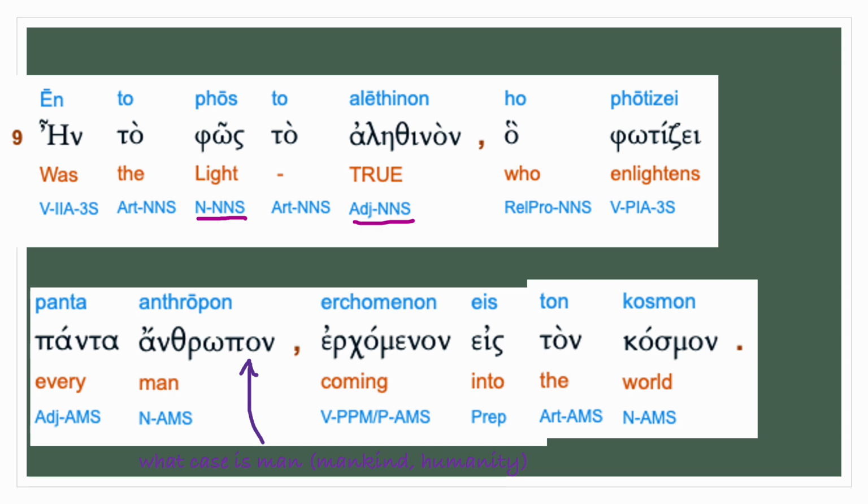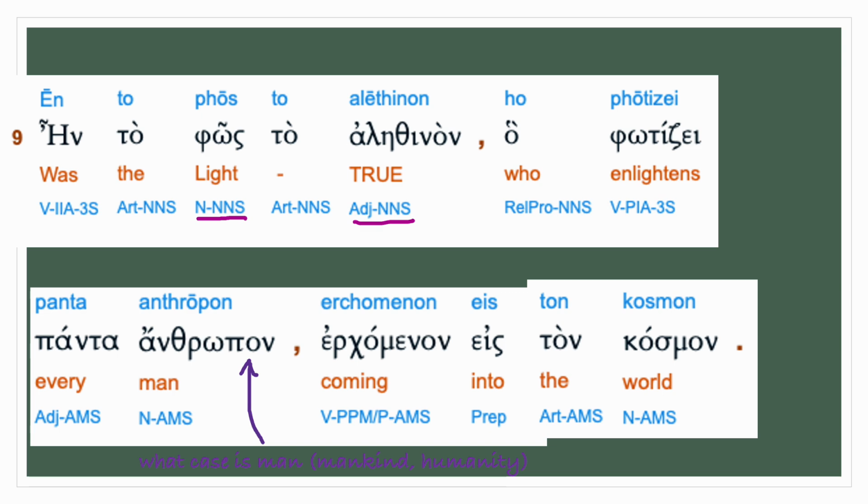Now why is it, therefore, that at the end of the sentence the word kosmon, meaning world, is also accusative? Well, that's because that nominative, Jesus, is doing another verb, coming, erchomenon, coming into the world.